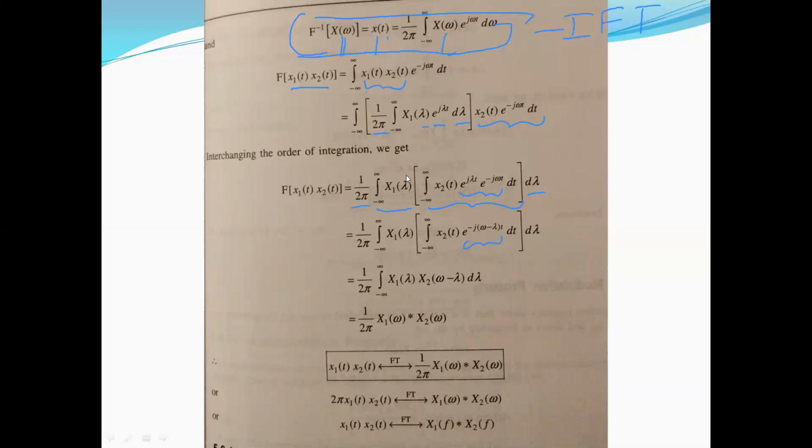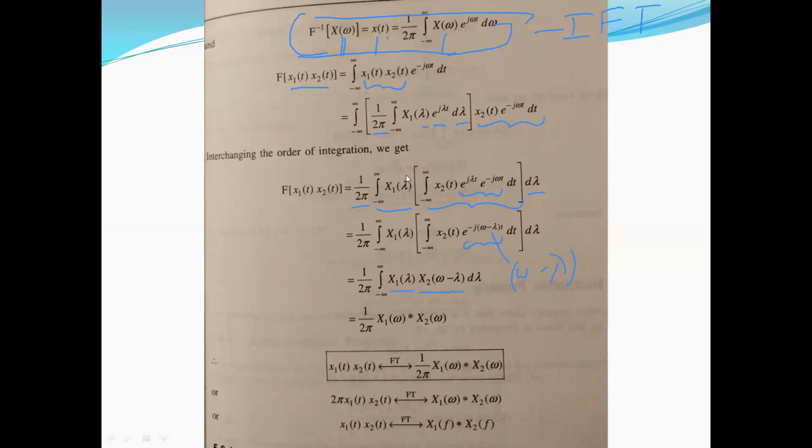So what is the frequency it is having? The frequency now is omega minus lambda. Instead of omega, it is omega minus lambda. So this becomes capital X2 of omega minus lambda. So this has become the same.